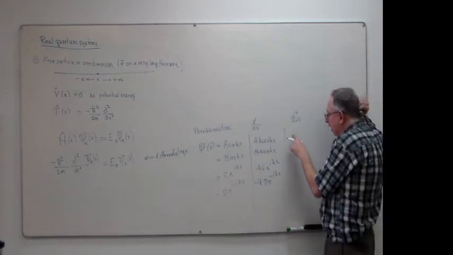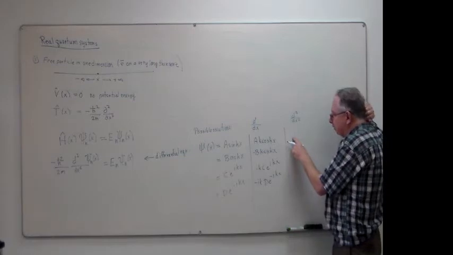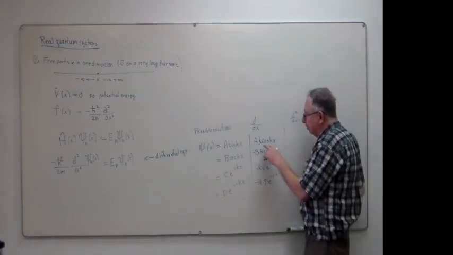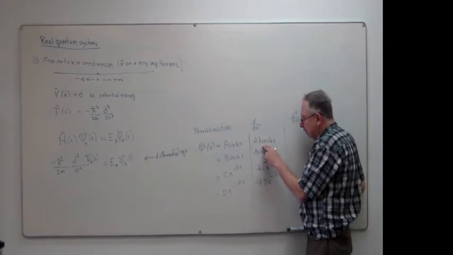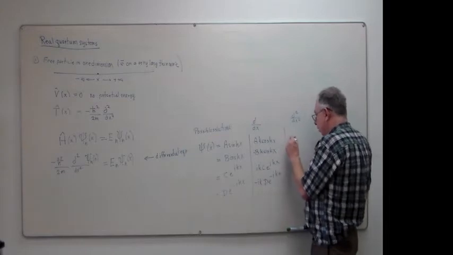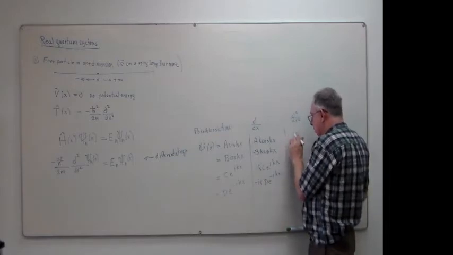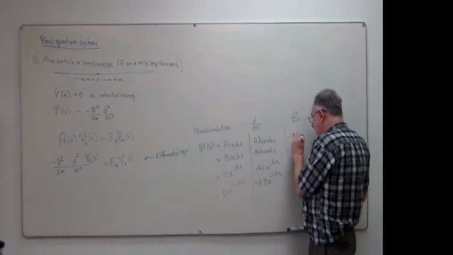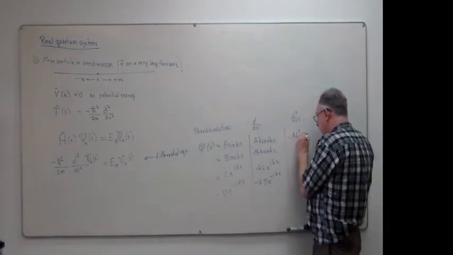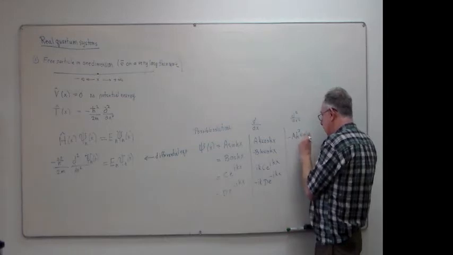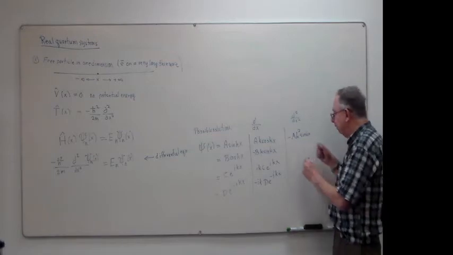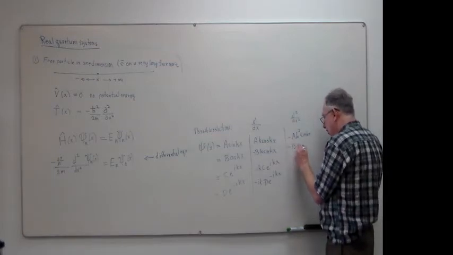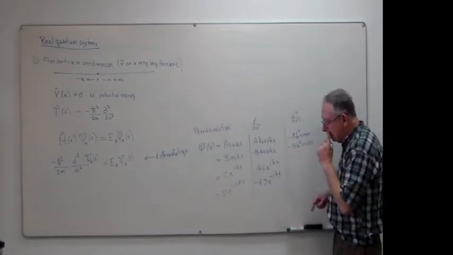To get the second derivative, we take the first derivative of the first derivative. So what's this one? It's going to be minus A k squared sine kx, right? What's the B one? Negative B k squared cosine kx. And what's this one?